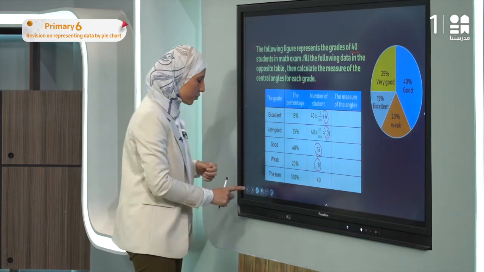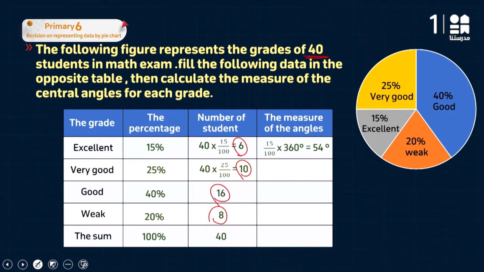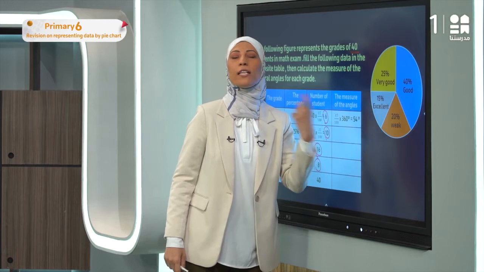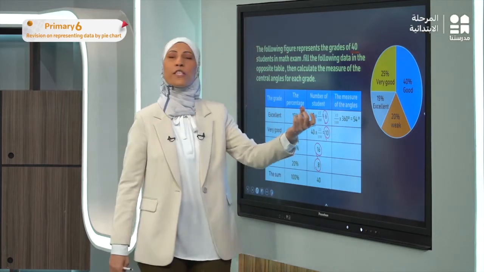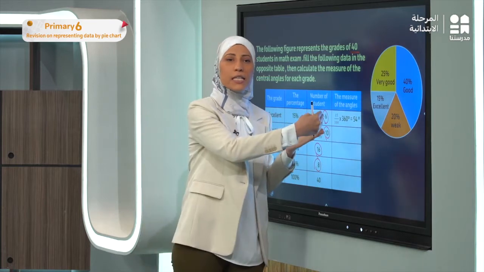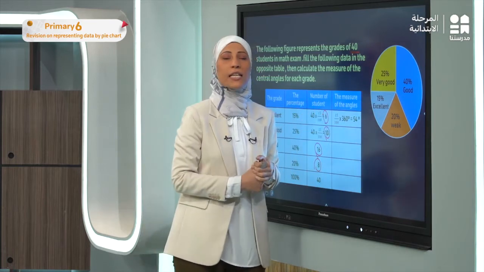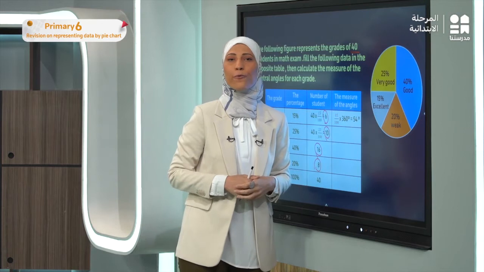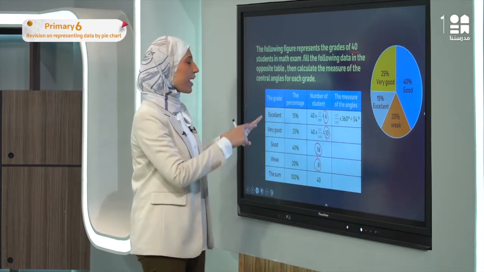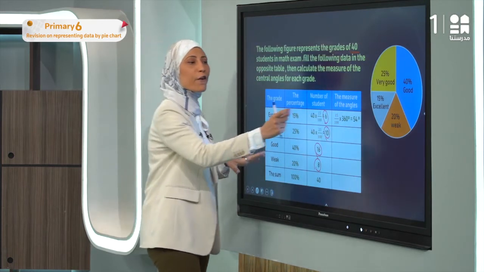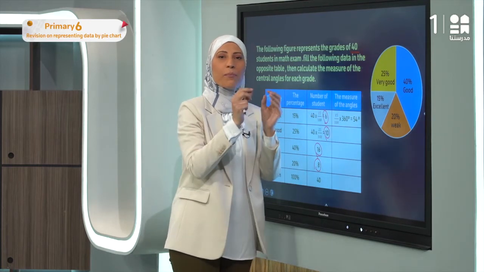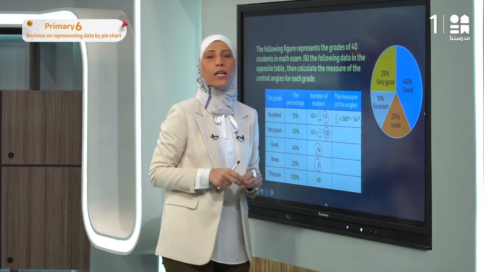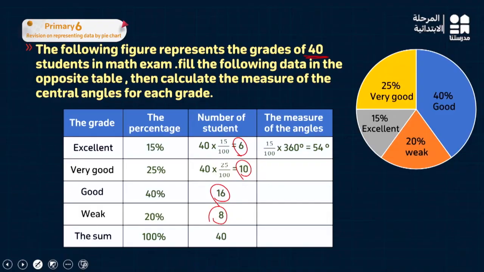So you will find the percentage, then multiply the percentage times the total angle, to find the angle. I have excellent at 15%, so I will make 15% times 360. So I will have 54 degrees. So the excellent represents a 54 degree angle. If I'm drawing the angles, I must draw 54 degrees for the excellent.